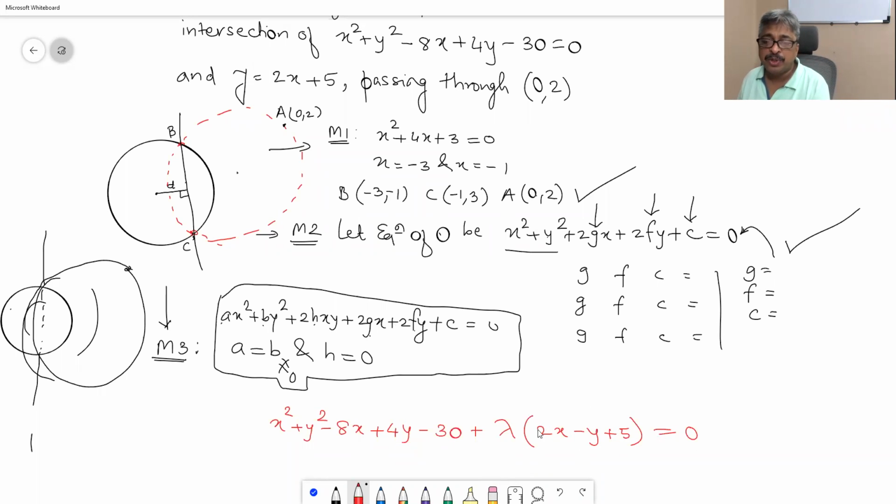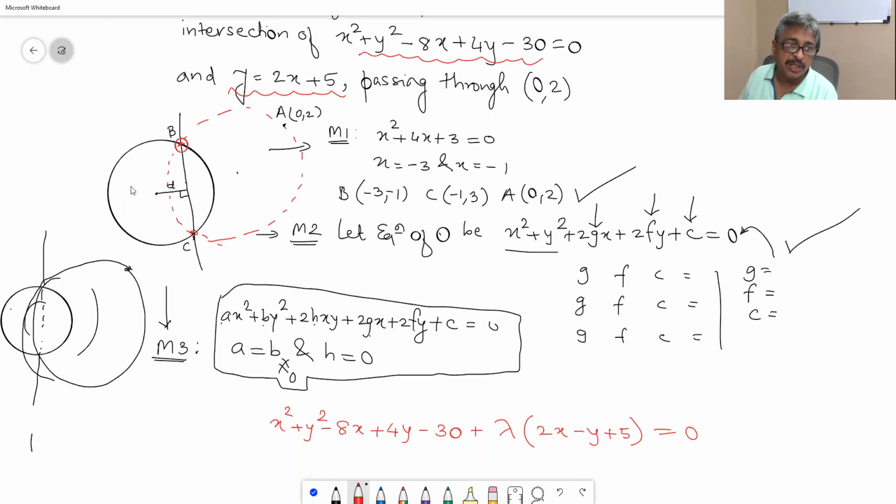What I am trying to do here is combine both these two equations and put them in such a way that... will B satisfy this equation? Will point B satisfy this equation?